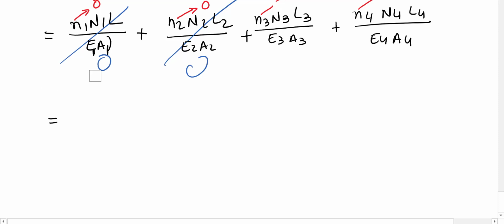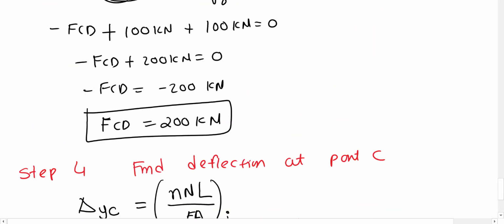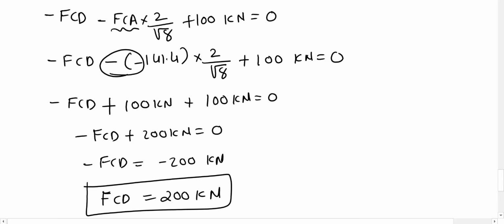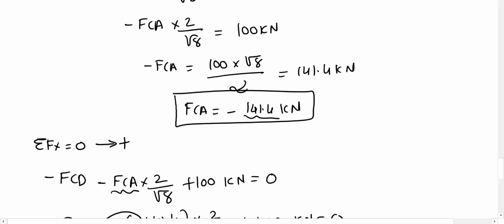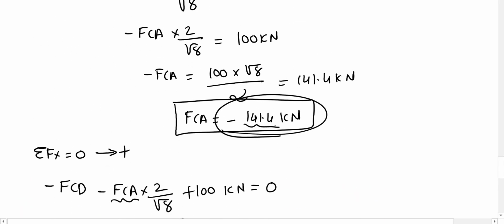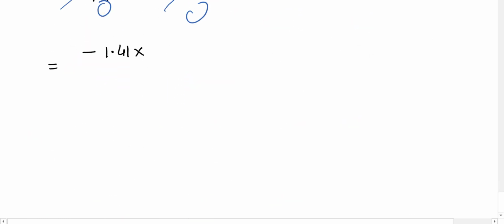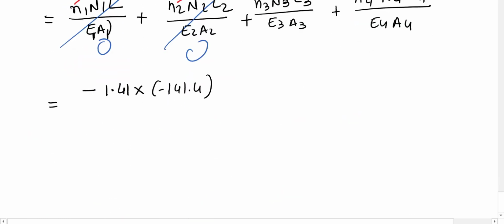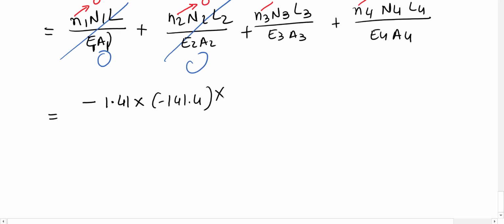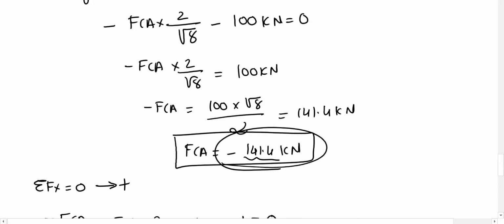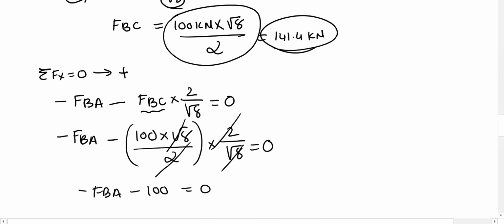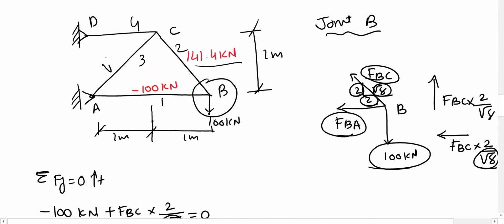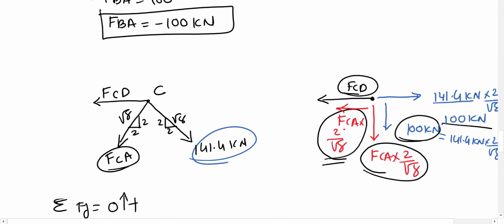Now let's substitute the values. Small n3 is minus 141, capital N3. Now the third component is AC. So FAC is minus 141.4 kilonewton, times AC has a length. If you come here, AC has this length of square root 8, by the Pythagoras theorem.